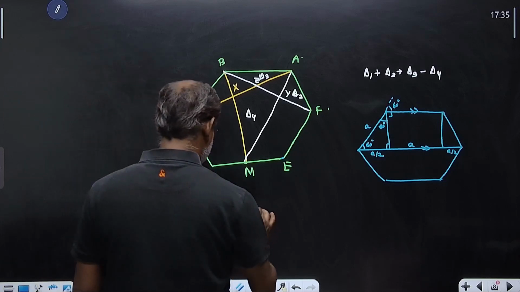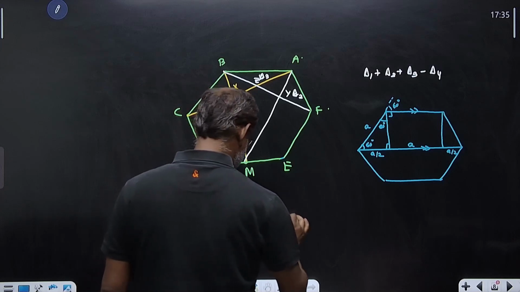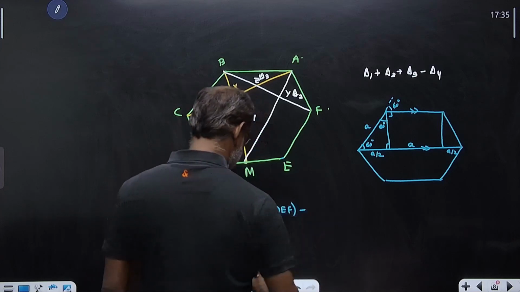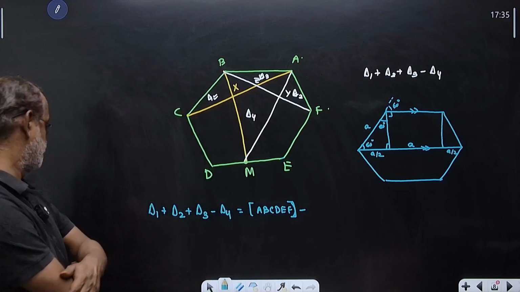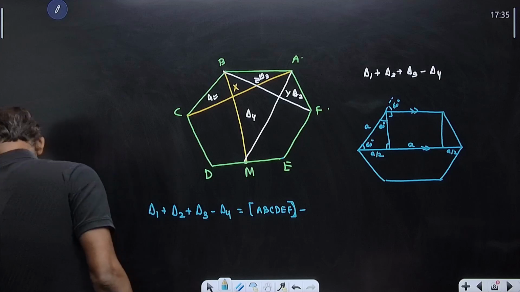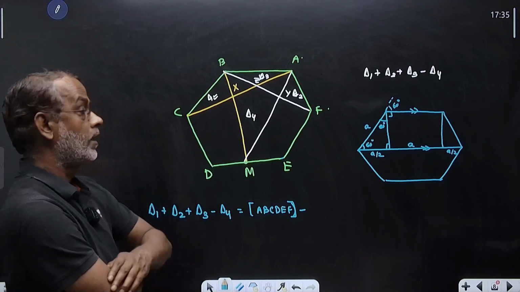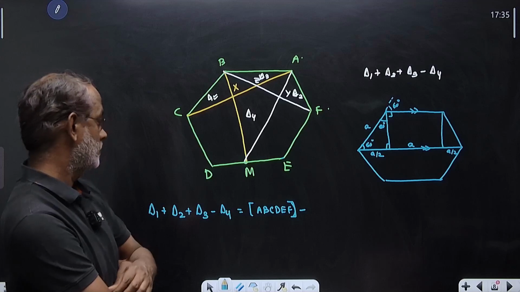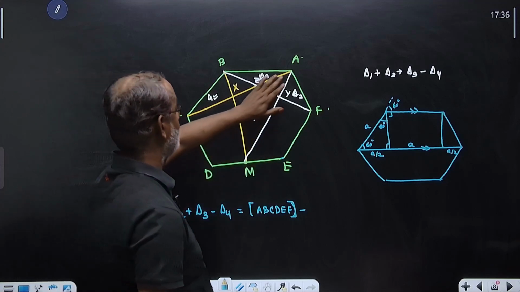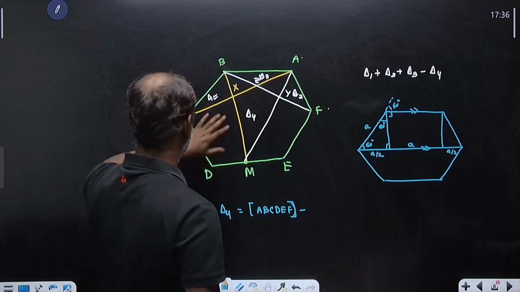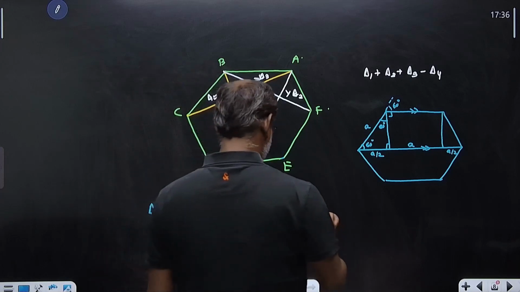Say, area of this ABCD minus area of, say, I will subtract this whole thing and this whole thing, area of BMEF.